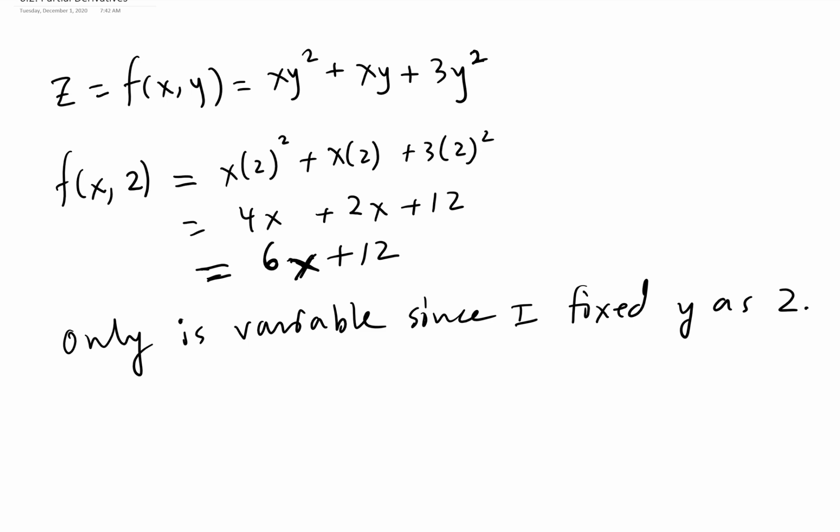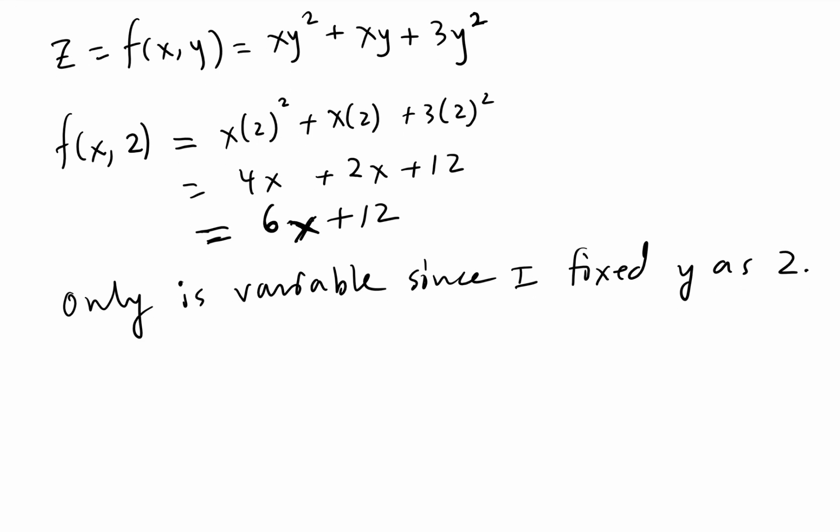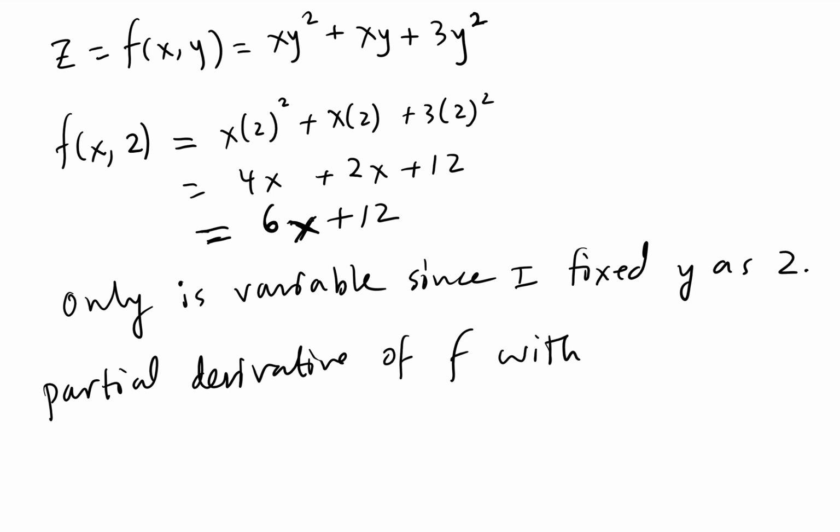To find the derivative for a function in two variables, we are going to differentiate with respect to one of the variables, either x or y. So that's called partial derivative. So partial derivative of the function f with respect to x, we can use this notation, partial of f with respect to x, like this.